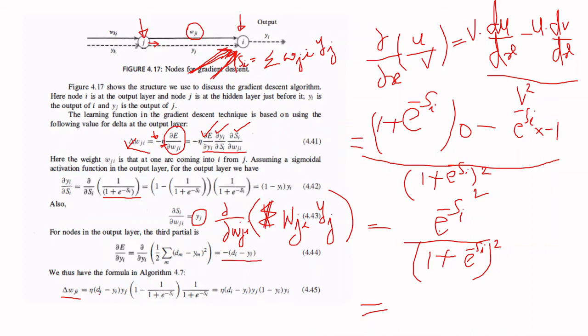So you have d_i minus y_i, into the next term, ∂y_i/∂s_i, which is this: 1 minus y_i into y_i. So you have eta, you have this, y_i into 1 minus y_i, and finally for this term you have y_j. Okay, this is how you derive Δw_ji.